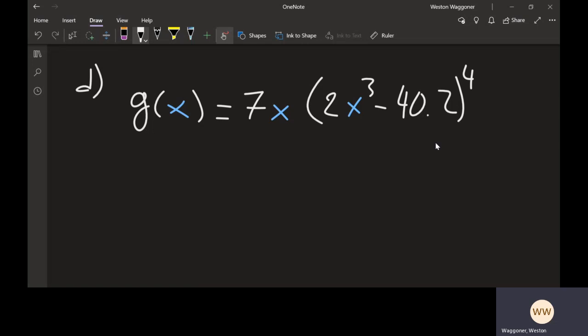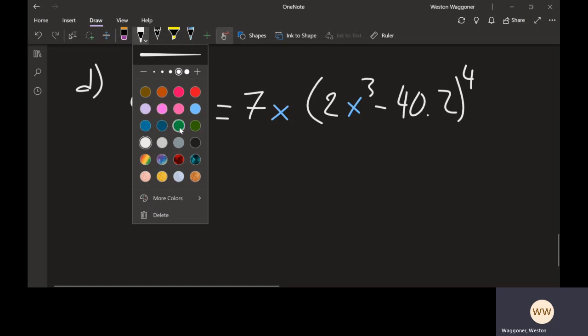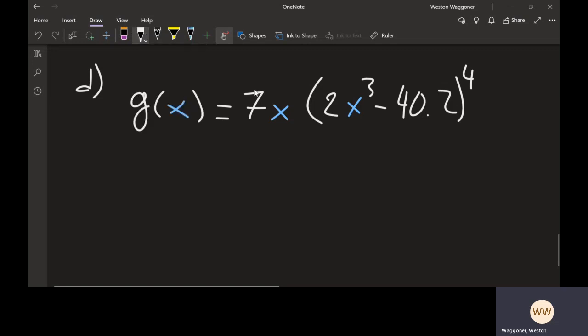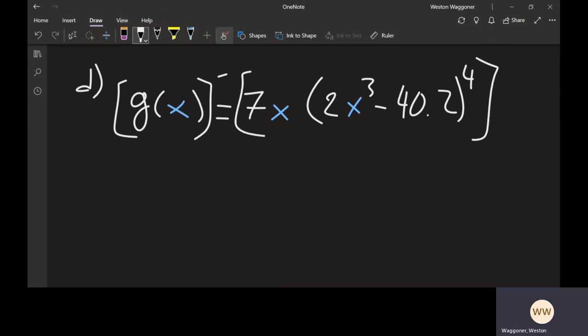Something I want to do with this is write the roadmap for it. That's just me. So what I'm going to start off with, because I know I'm going to take G prime, is G prime of all this stuff. Cool. Okay, so I'm taking the derivative.